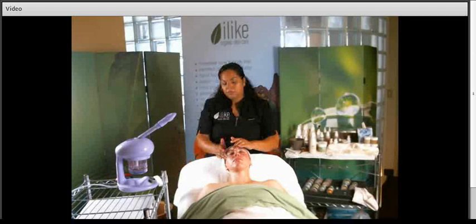Okay, and we're going to do the other side. Start with some long effleurage massage in the upper arm.